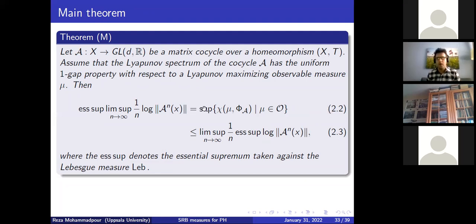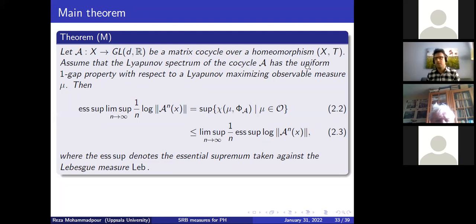But for this equality, I need a uniform one-gap property. One side follows from the previous theorem, but for proving the other side, I need the uniform gap property.